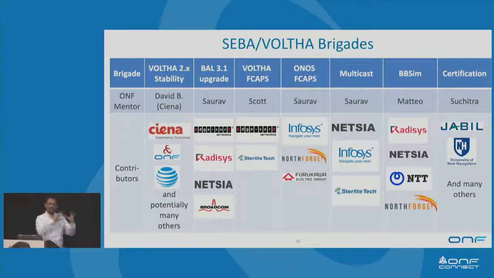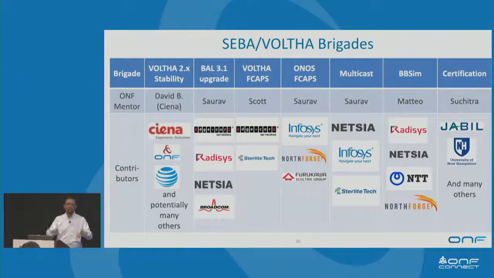So there's a mentor, and a set of people who have put their hands up to be a part of the brigade, and a well-defined set of tasks. The mentor leads the brigade to completion, and then the brigade disbands because that job is done. This is how we try to organize the community and ensure that everyone is making forward progress.